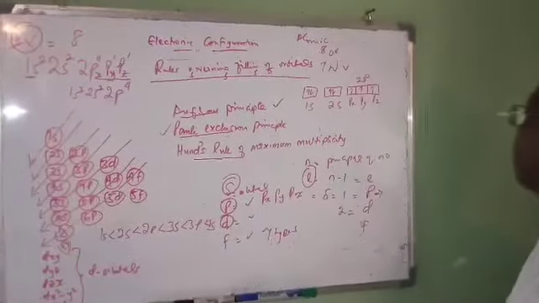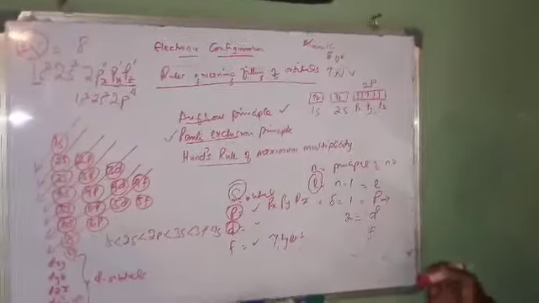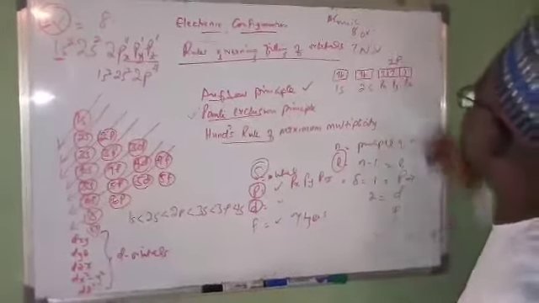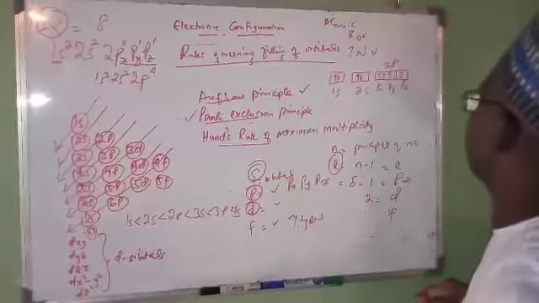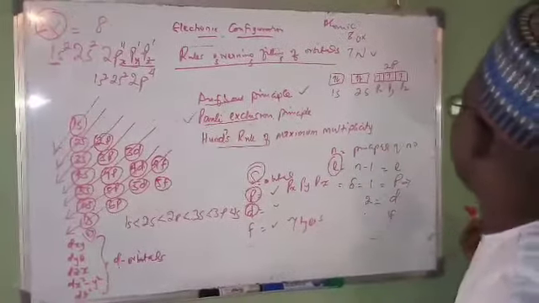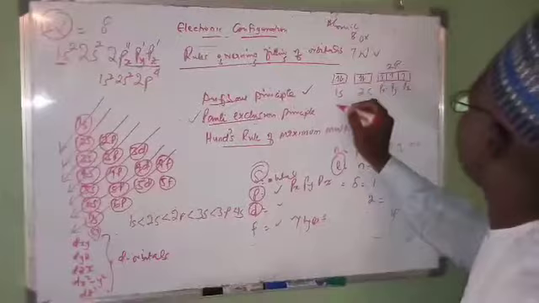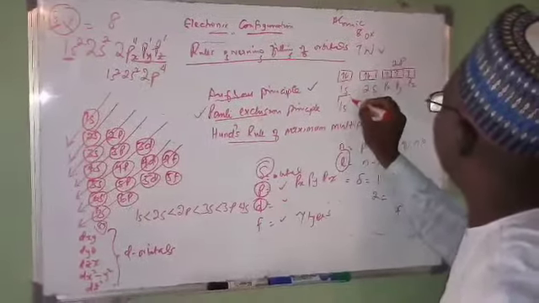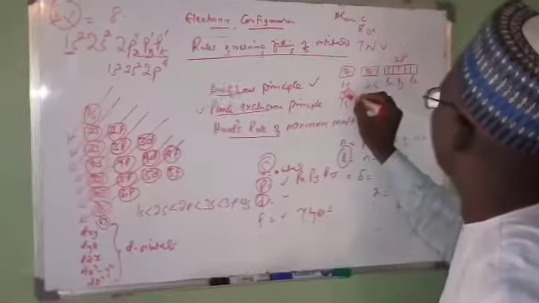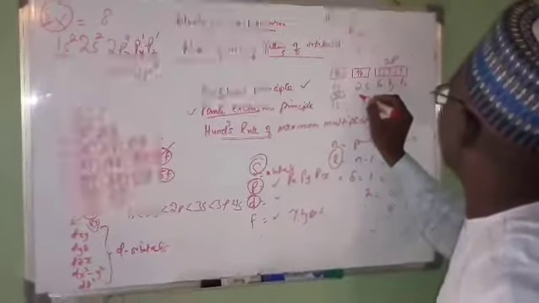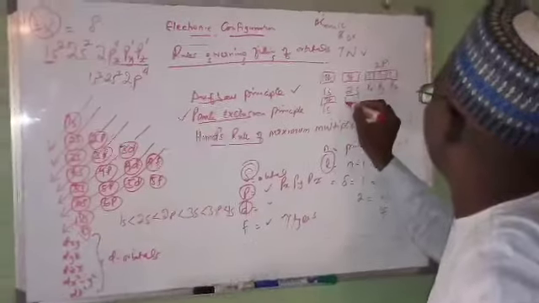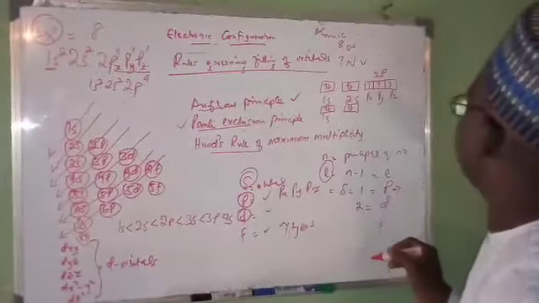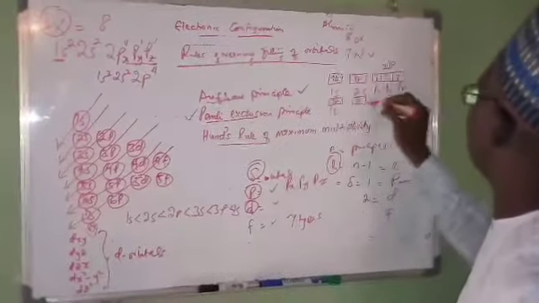Pairing. So if you are considering another element, for example oxygen, that has 8 electrons at its ground state, you can fill it in this format: 1s with 2 electrons of opposite spin. You now move to 2s with 2 electrons of opposite spin, and this is 1, 2, 3, 4, remaining 4.